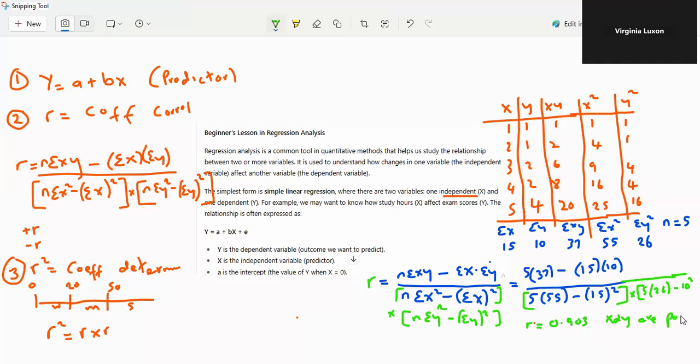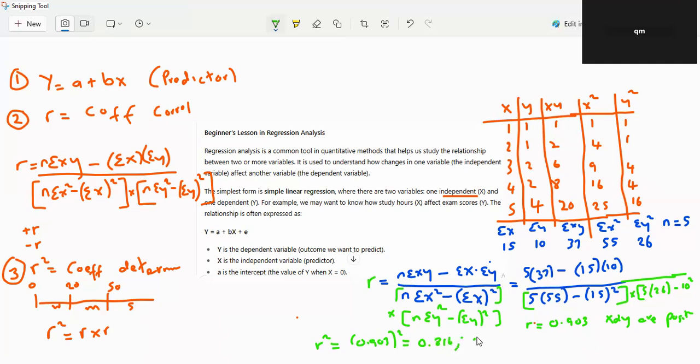Then the next question is asking us to find the coefficient of determination, R squared. R squared is just you squaring the answer you got. 0.903. When you square it, we're going to get 0.816. So you multiply this by 100 as a percentage.